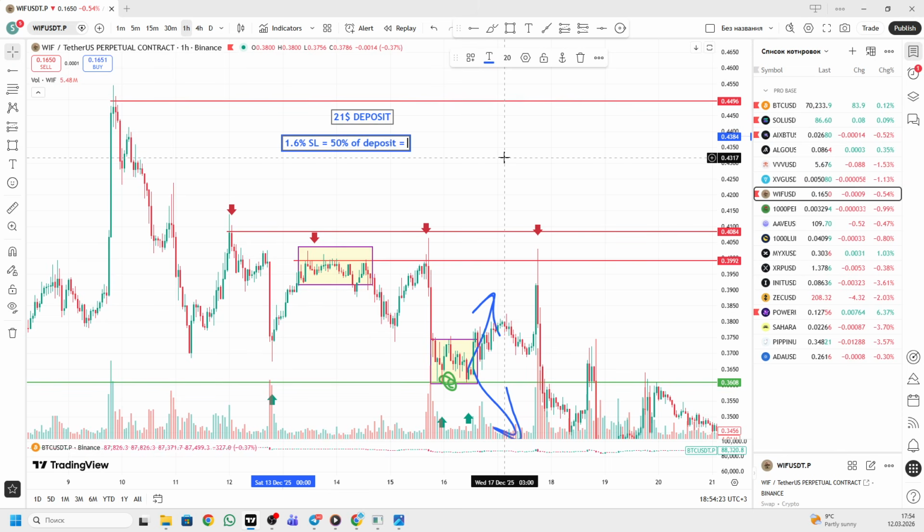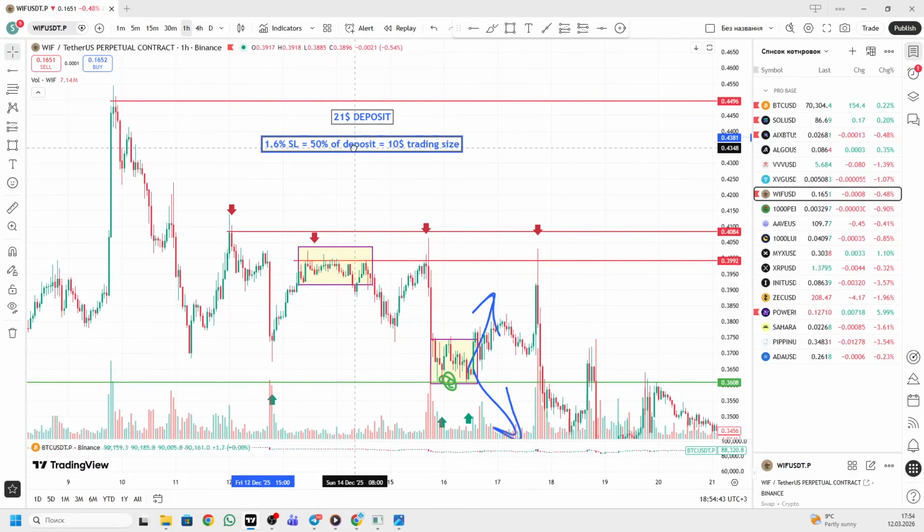So, and it equals $10 trading size. Do you remember what is trading size? Trading size. This is the amount with which you are going to get into your trade, right? Okay. So this one I also want to leave it here for you. Okay.